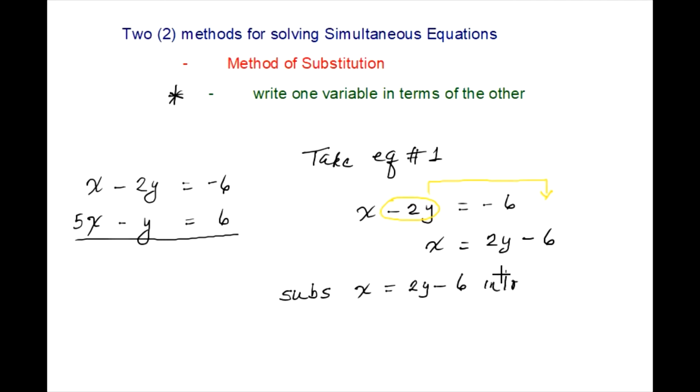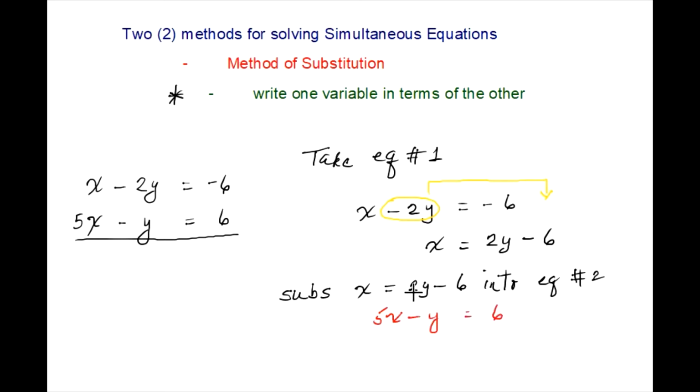Now, this is where I have to be careful. I've got to put this into the equation that I did not use to find it. So I found x by using equation 1. So now I've got to put this into equation 2. So what do I mean by put it into equation 2? Well, equation 2 says 5x minus y is equal to 6.